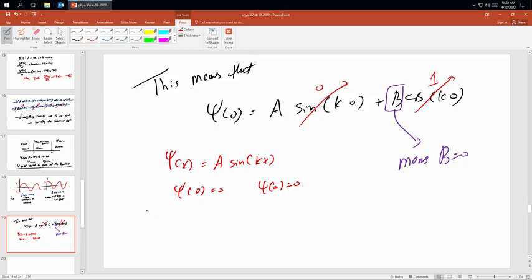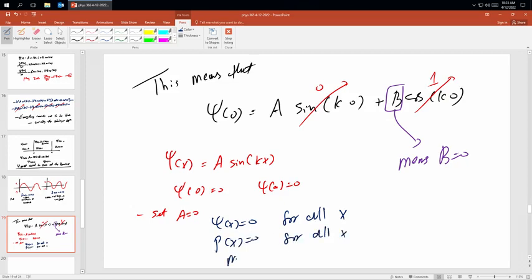Well, if we set A equal to 0, what's going to happen? That means psi of x is going to equal 0 for all values of x. That means your probability density is going to equal 0 for all values of x. That means no particle.